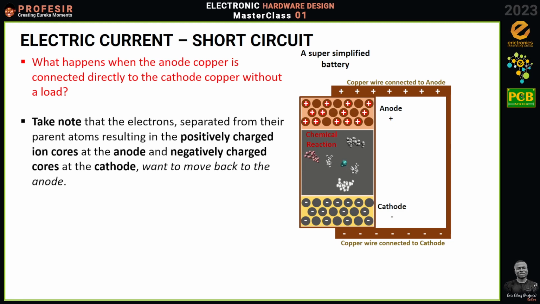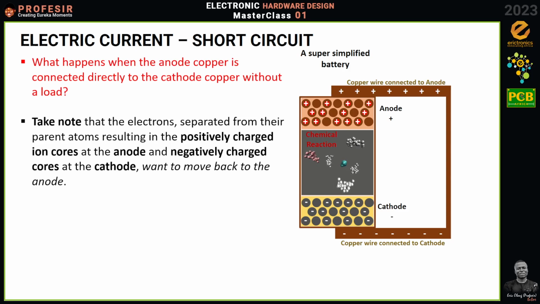Now let's go through. Take note that the electrons separated from their parent atoms, resulting in positively charged... forget about this. Let me go my freestyle. Already we said that the chemical reaction stripped electrons from the anode material and embedded them on the cathode material, right?